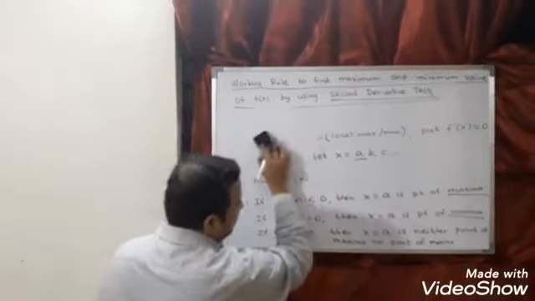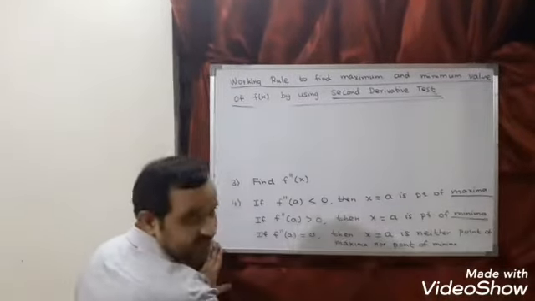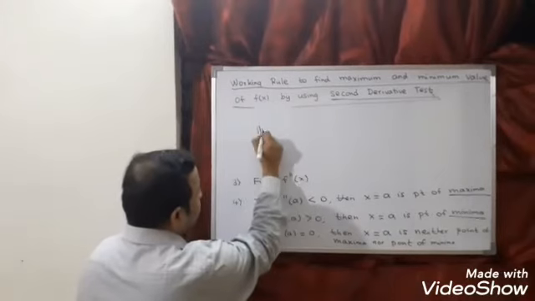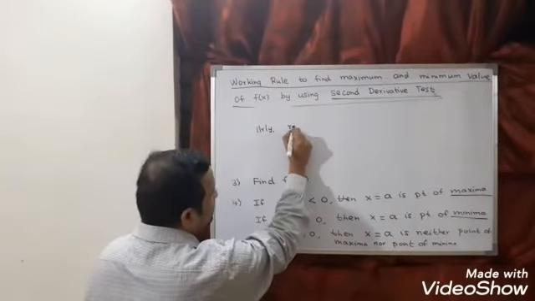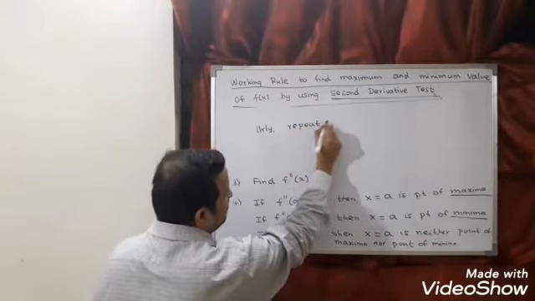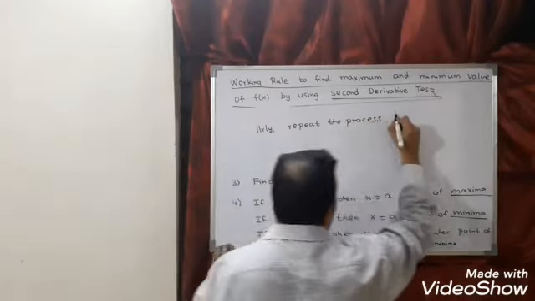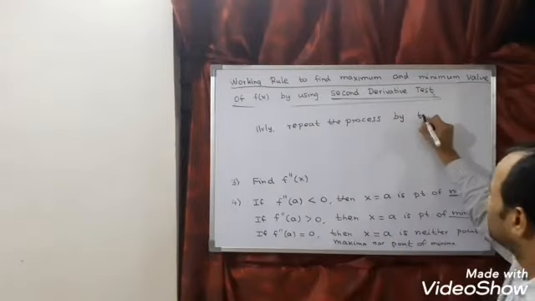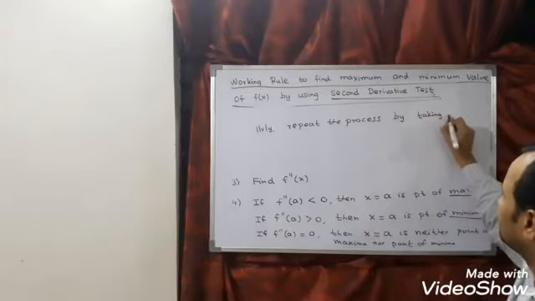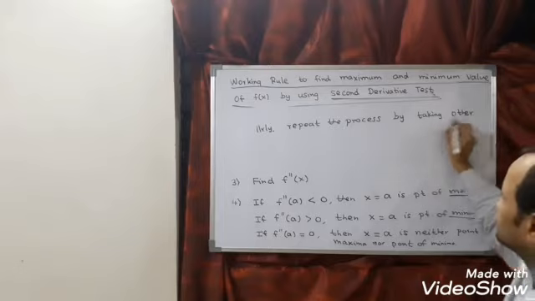So what I did, I took x value as a. Similarly, repeat the process by taking other values of x.